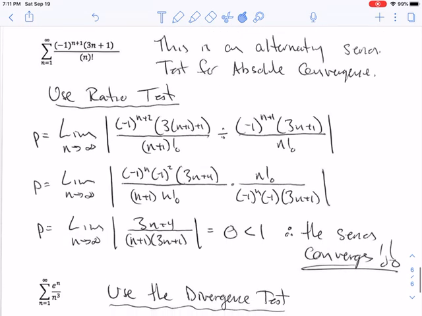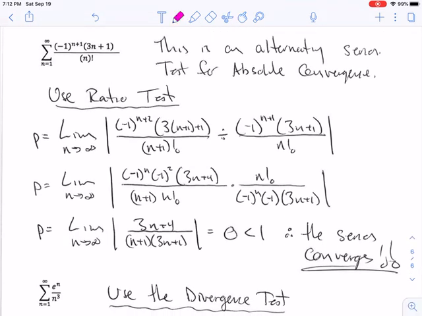The next one looks rather complicated, and we also notice that it is an alternating series. Whenever I see an alternating series, I'm immediately going to either the ratio or the root test. That tells me if it is absolutely convergent or not. So we'll do the ratio test.